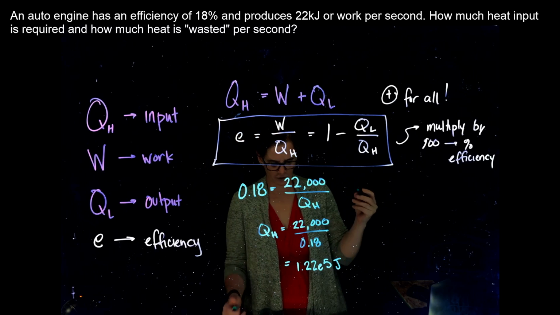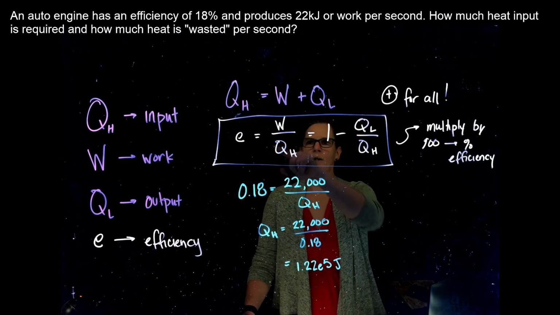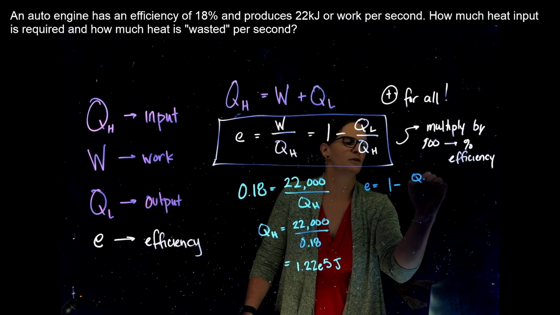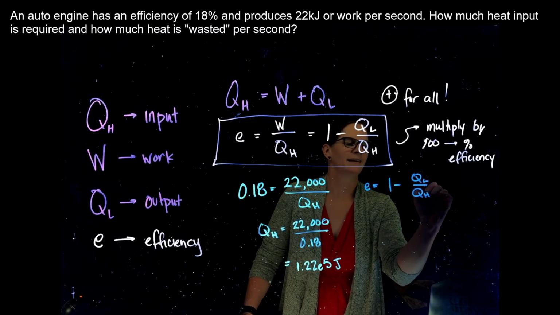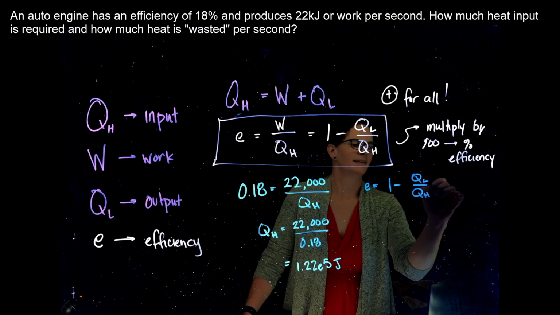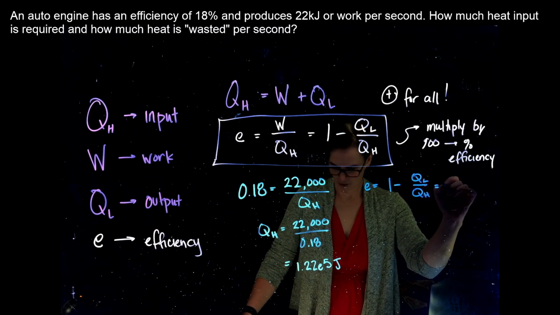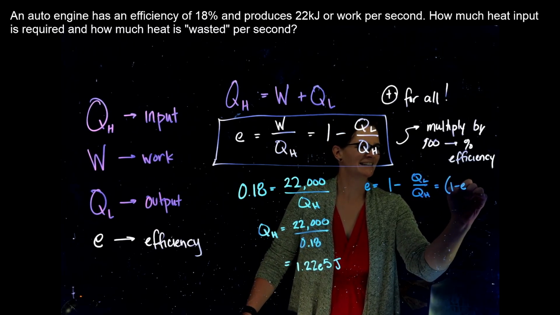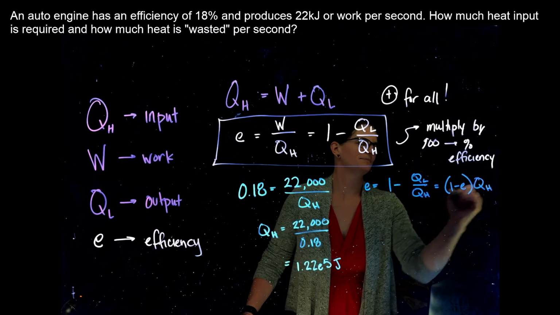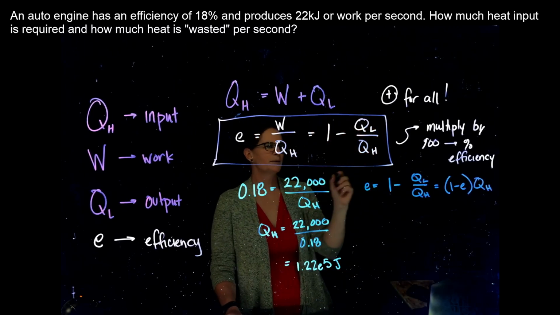Well, again, we can use the relationship for our efficiency. So our efficiency is equal to 1 minus QL over QH. And so I can now solve for QL, and that is going to be equal to 1 minus E times QH. Okay, so you can do that algebra there.